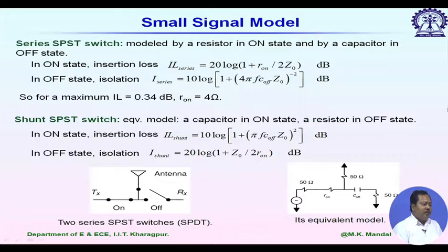Now, small signal model of a switch. Already we have seen that a PIN diode or a Schottky diode we can use as a switch. Typically, PIN diode is used at low frequency operation and switching speed is low, and Schottky diode is used for very high frequency switching.